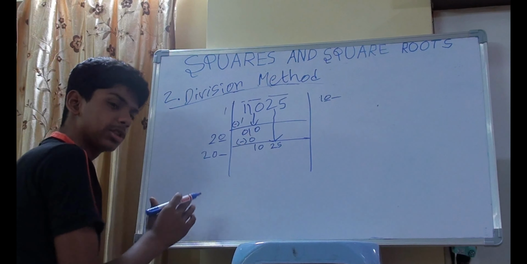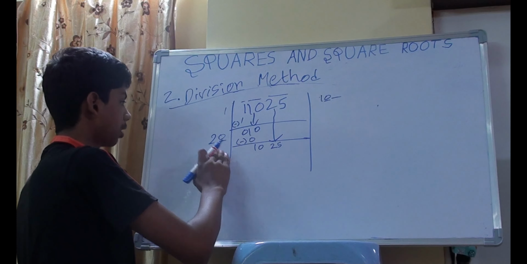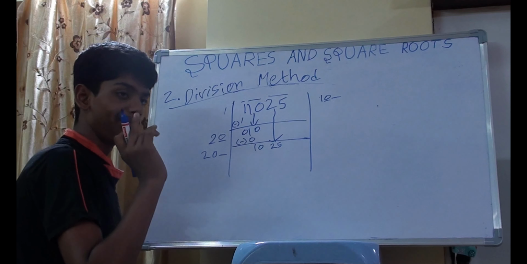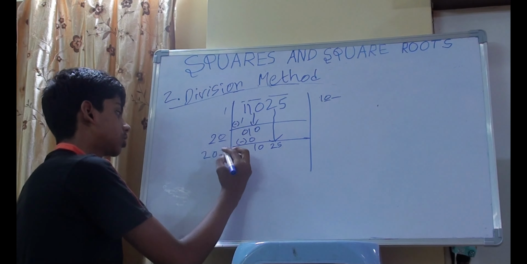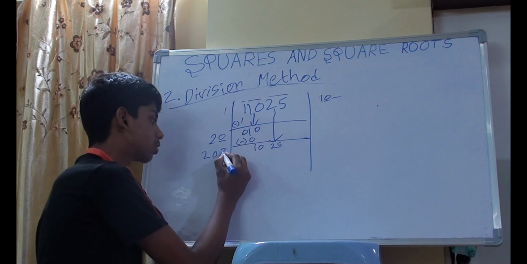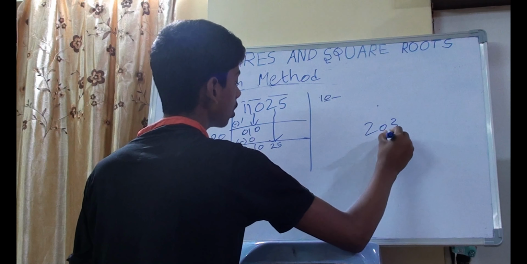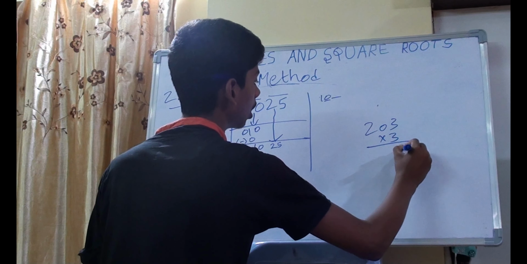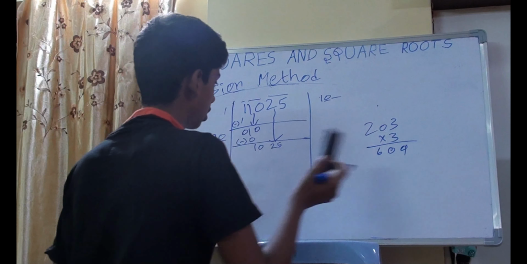So now we doubled it. We got this 20 and bracket. So now we have to find the value which fits in here. Let's take for example the number 3. 203 into 3 equals 609.